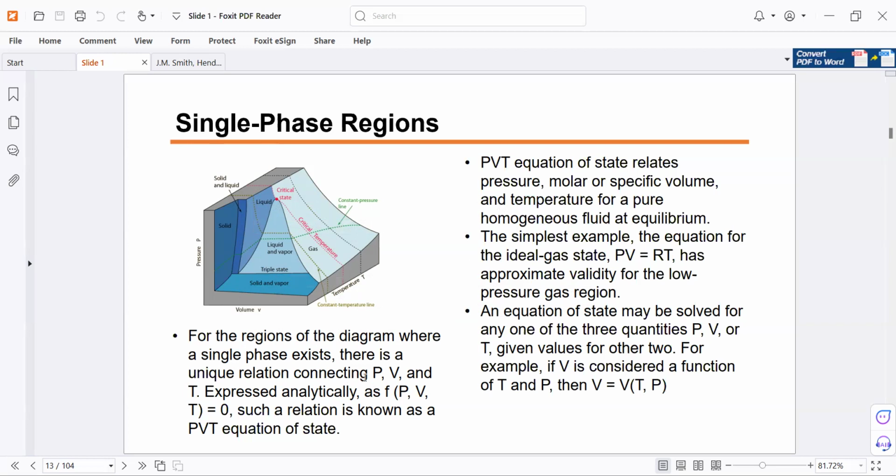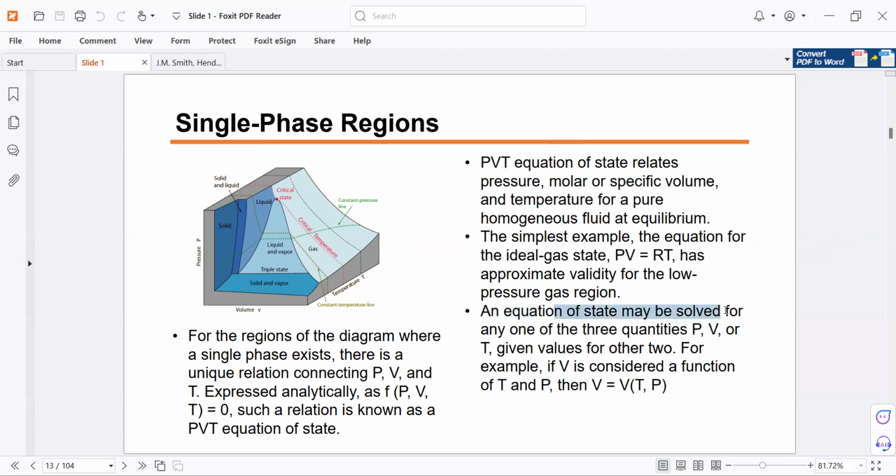The simplest one, I'm sure you're very familiar with, is the ideal gas equation, which relates PVT by using the constant R. Of course, we also have other equations of state, but the simplest one is the ideal gas.